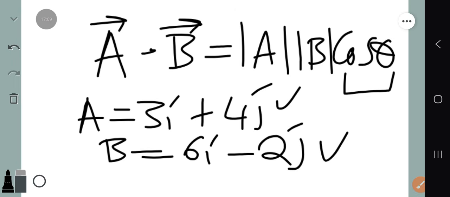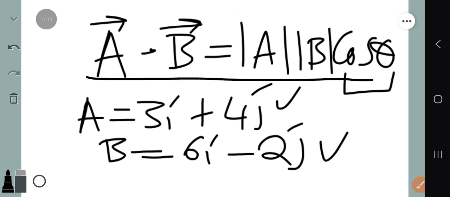So to find the angle between two vectors, you need to use this formula here. Always remember this formula. What you are seeing here, these two bars, they mean find the magnitude.